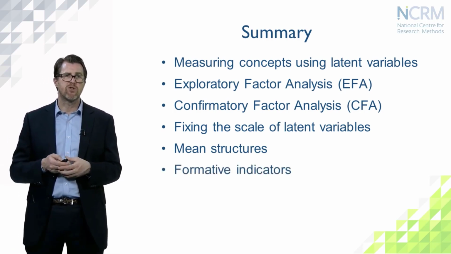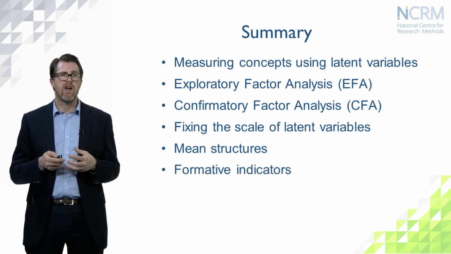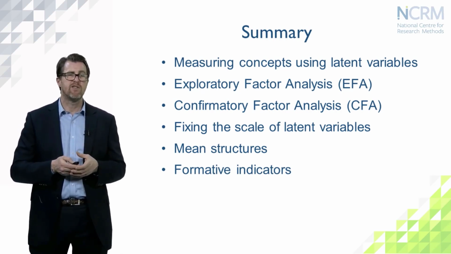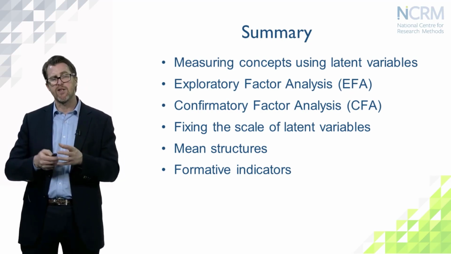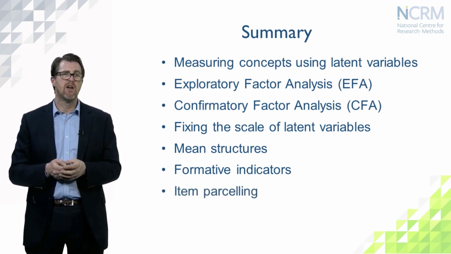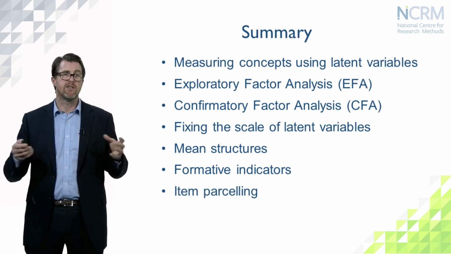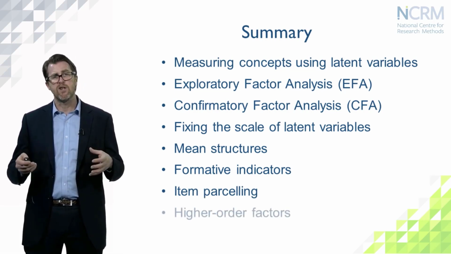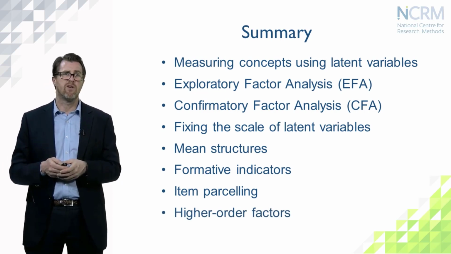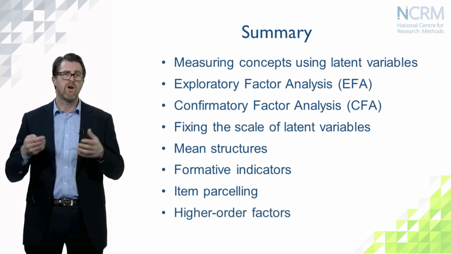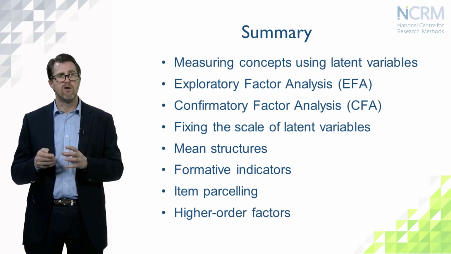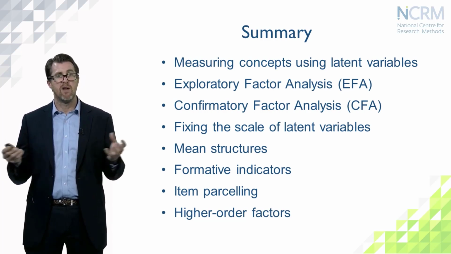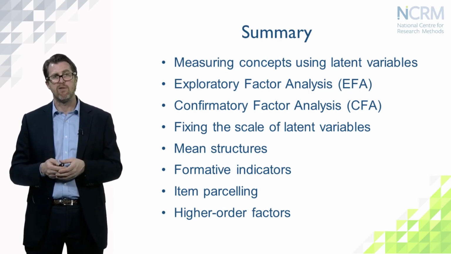We've looked at some special cases where we have formative indicators rather than reflective indicators, where we have a first stage of item parcelling when there are many indicators and a large number of latent variables. And we finish with the special case of a higher order factor, where a latent variable is measured not by observed items but by lower level latent variables.